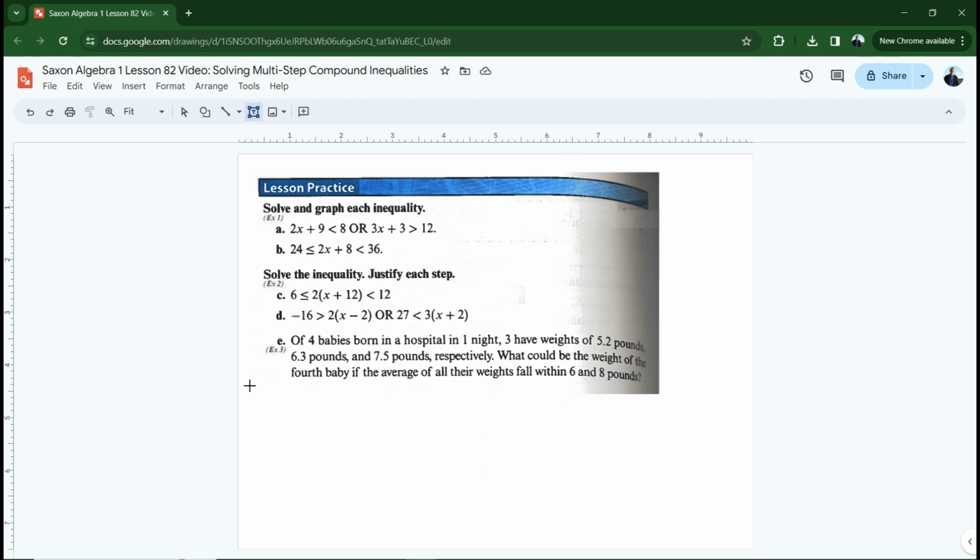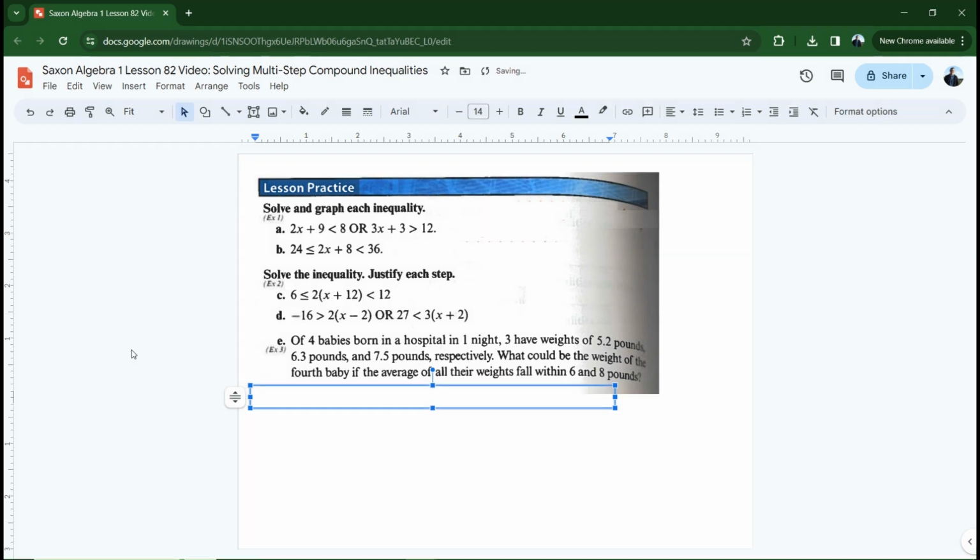First of all, with letter A, the key to these is that we're actually working two different inequalities. So this is going to be 2x plus 9. We're going to do this one first, is less than 8. All right, how do I solve this one to get x by itself? I'm going to subtract 9 from both sides to begin. That's going to give me 2x plus 9 minus 9 is just 2x, right?